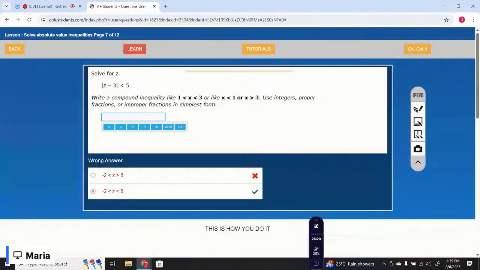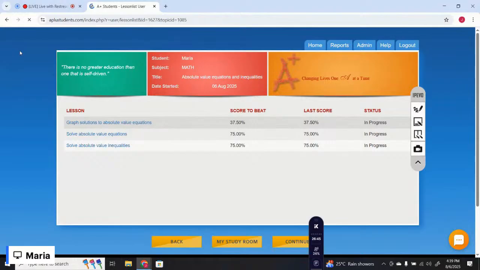Okay, you can complete the lesson by yourself later today. So we were working on grade 9 math. The chapter we were working on is absolute value and absolute value equations and inequalities.